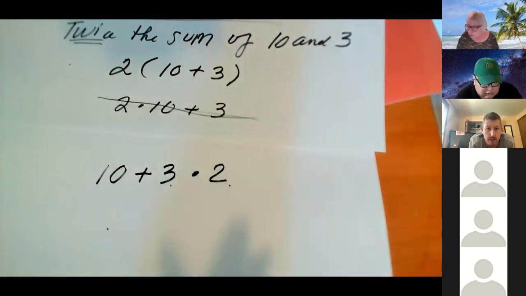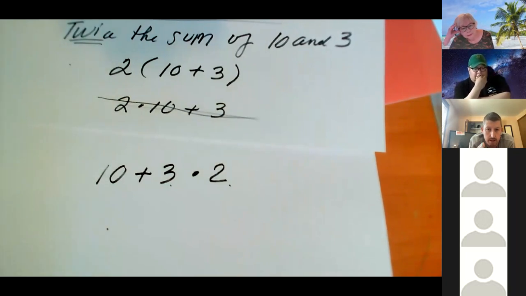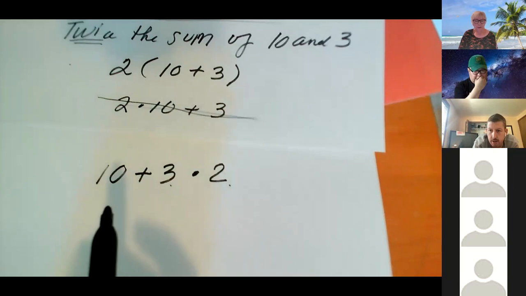We know if we write it that way, the rule is to do the multiplication first. But why do we have to do it that way? Why can't we just write it all from left to right and answer it all left to right?